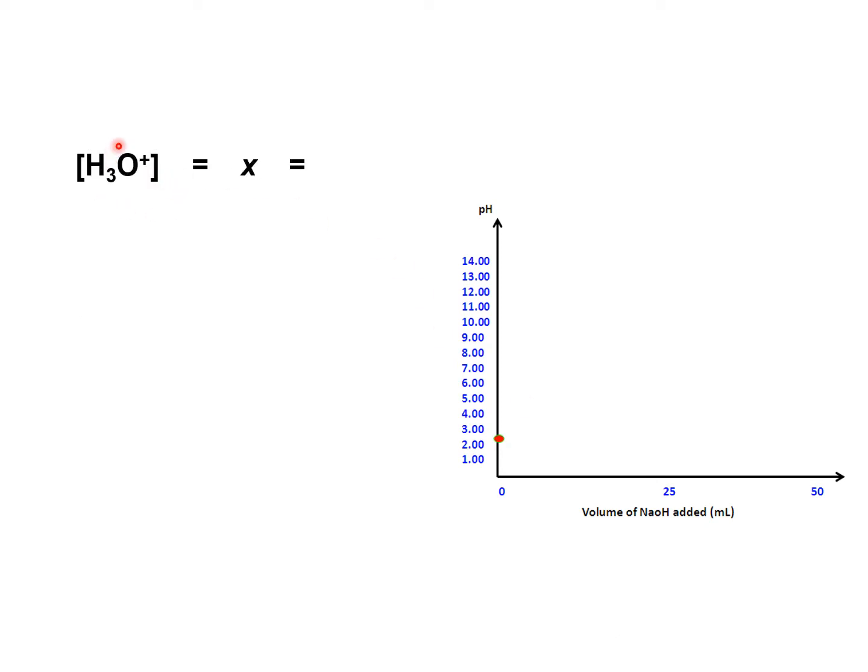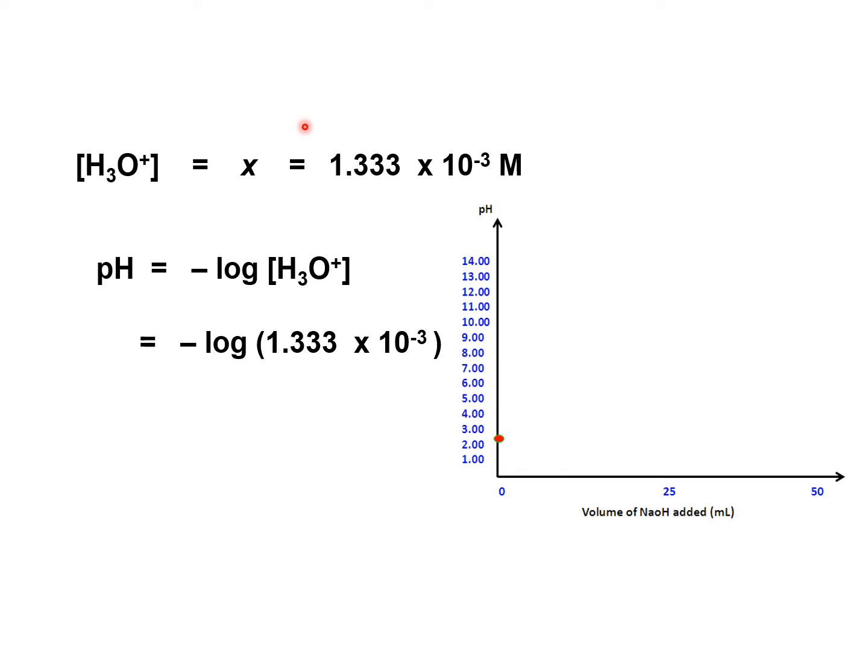The concentration of H3O+ is equal to X, so its value is 1.33 times 10 to the negative 3, with the unit. There must be molar there. Once we have this value, we can proceed with the calculation of the pH. So, negative log of H3O+. Substitute the value and we will get the initial pH of the reaction.